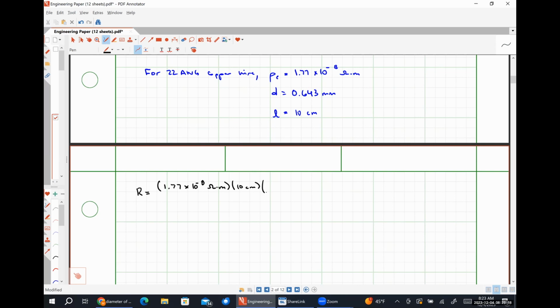So there are 100 centimeters per meter. Since my wire has a circular cross section, the area is going to be pi times the radius squared, or pi over 4 times the diameter squared. Since we have diameter, let's use that.